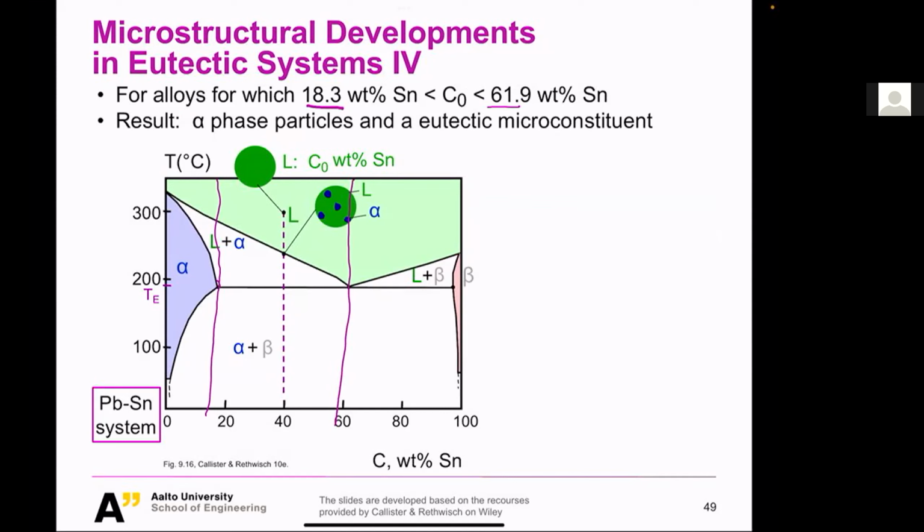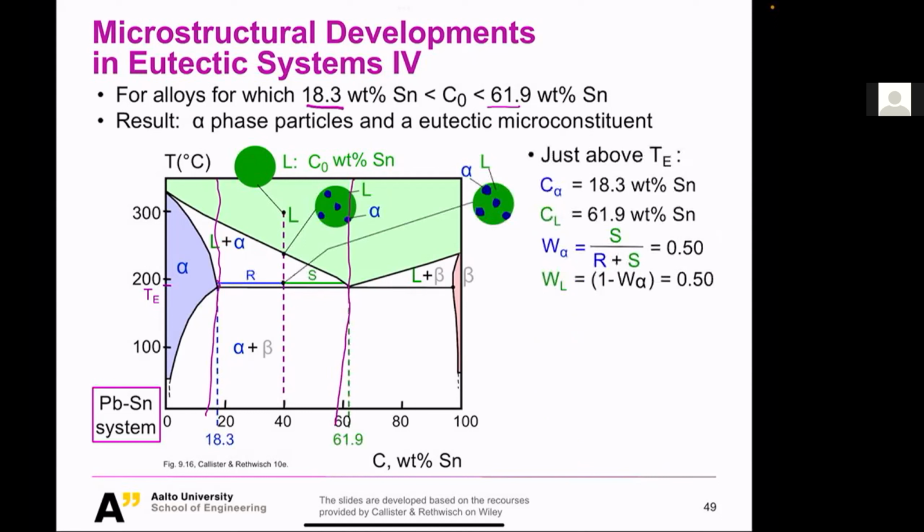You know what will happen. The alpha, the solid solution, will start to nucleate and they start to become a solid solution more and more, of course. And right before you enter the eutectic temperature, here I'm illustrating with a little bit of gap, but actually just imagine you're right above the eutectic temperature. And what is the composition there?